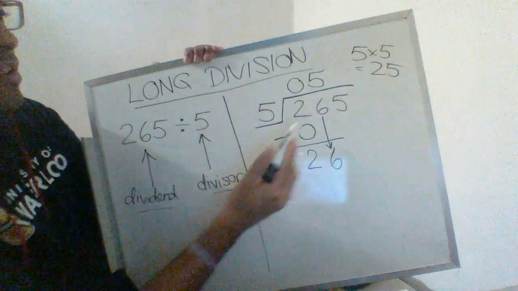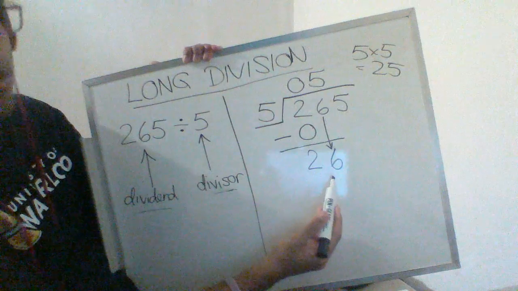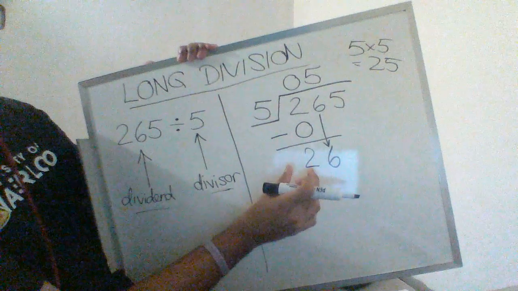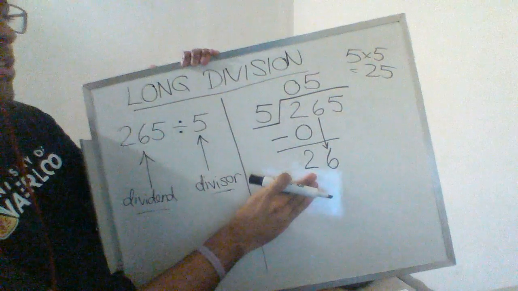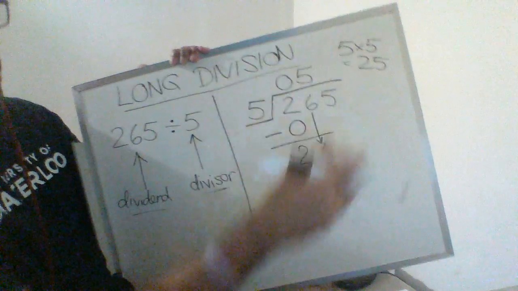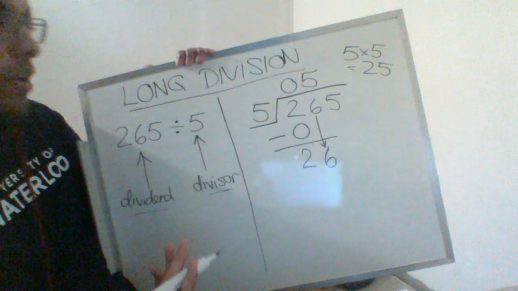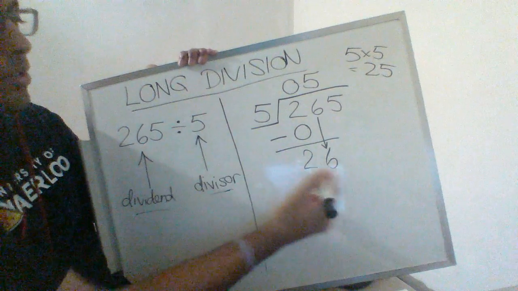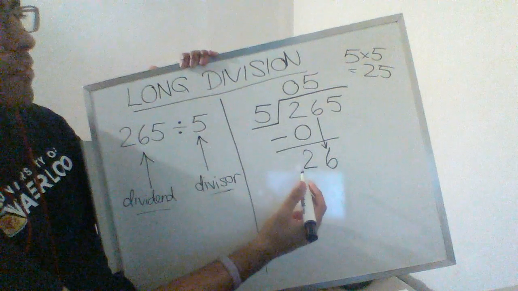So 25 is about as close as you can hope for to 26 here. You're trying to get close to this number without going over it. So even if the next number up was closer, which in this case it's not, you still want to stay below that. So how many times does 5 go into 26? It goes in 5 times.